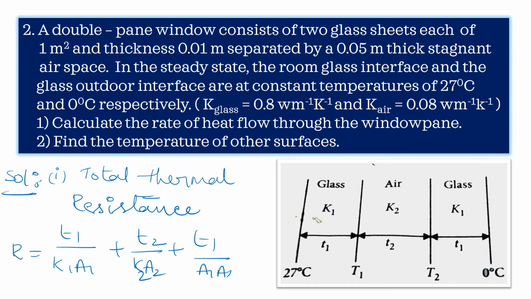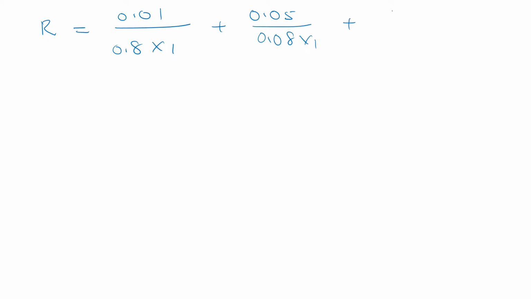Now substituting values in this, we get R is equal to 0.01 by 0.8 into 1 plus L2 0.05 by K2 0.08 into 1 plus L1 0.01 by 0.8 into 1.